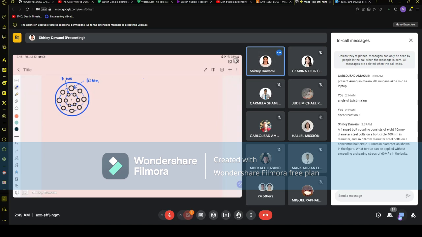We show the center, so we have R1 here. How much is R1? Class, how much is R1? 200 mm. And R2? 150 mm.